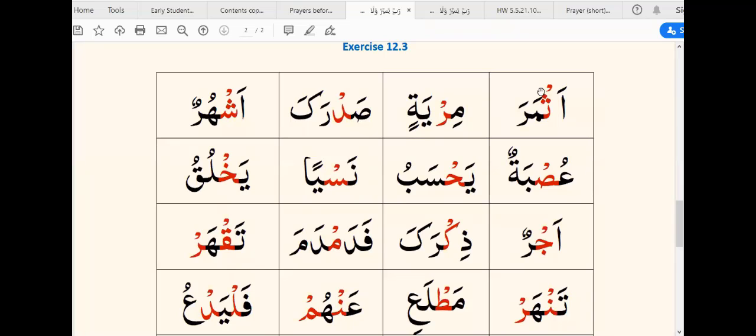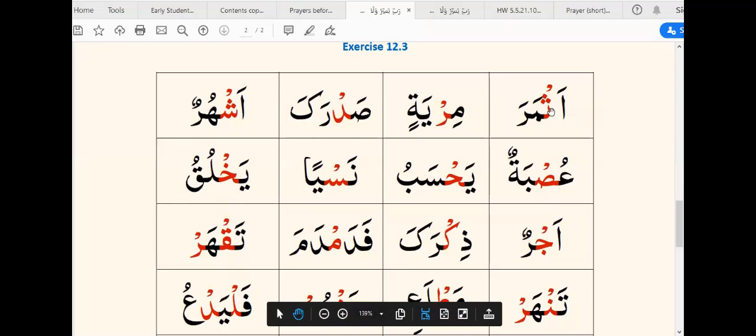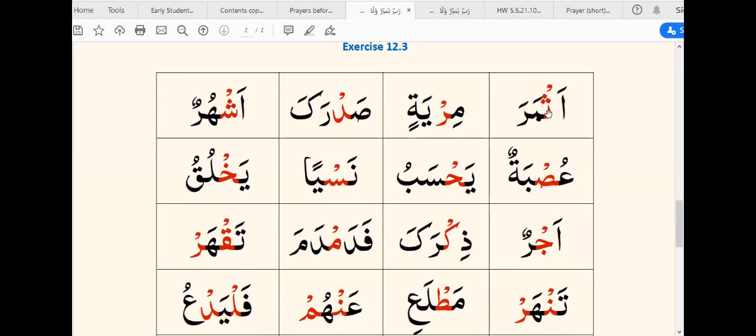So I'm going to read the letter first. I would like you to follow after me, please. Okay? That's great. So over here we have letter Sa, which has sukoon on top of it.